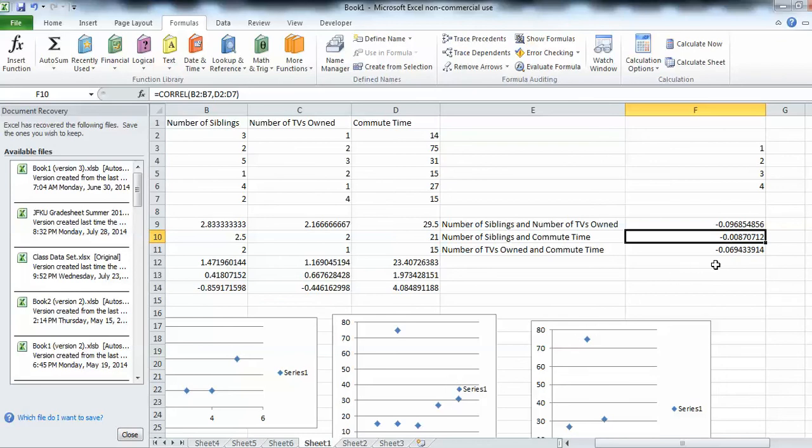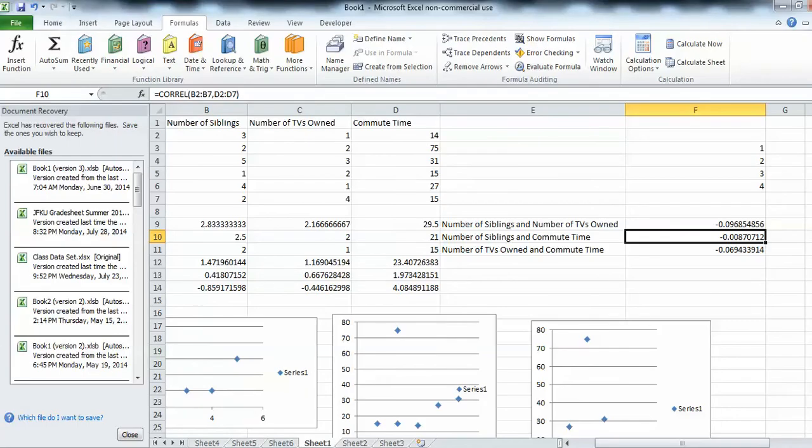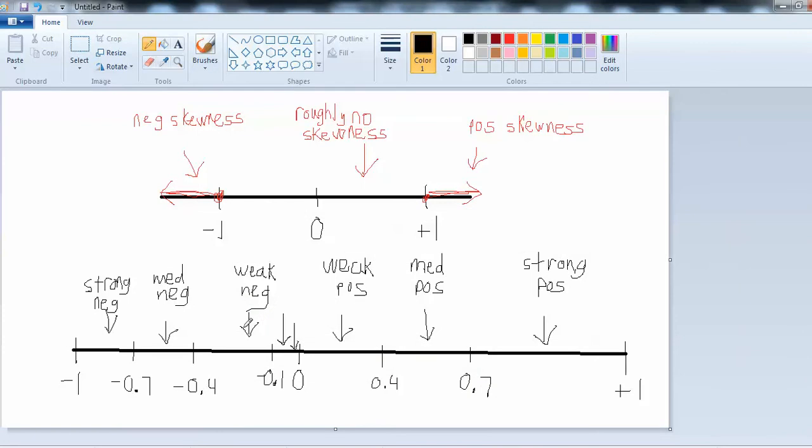So what about negative 0.06? Well, if it was negative 0.6, negative 0.6 would be in here in the medium negative area, but it's actually not negative 0.6, it's negative 0.06, which is actually right about here.